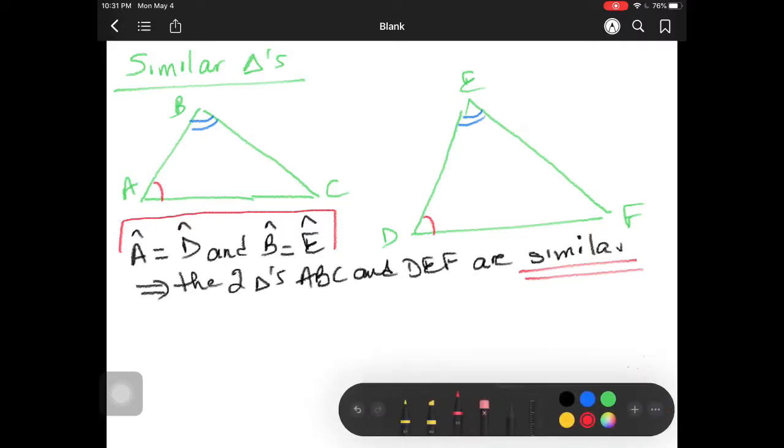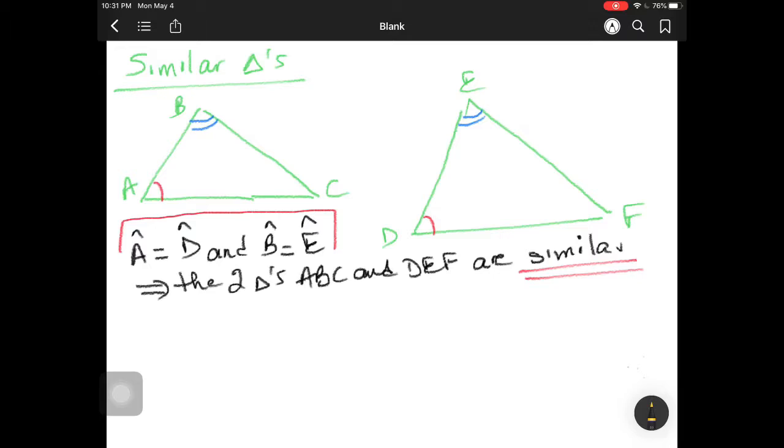Now, I would remind you here that there is no point in them telling us that angle C equals angle F, because we know that the sum of angles here is 180 degrees and the sum of angles here is 180 degrees, because this is what the sum of angles in a triangle is. So automatically this would be true, right? So there's no need for this to be given to us.